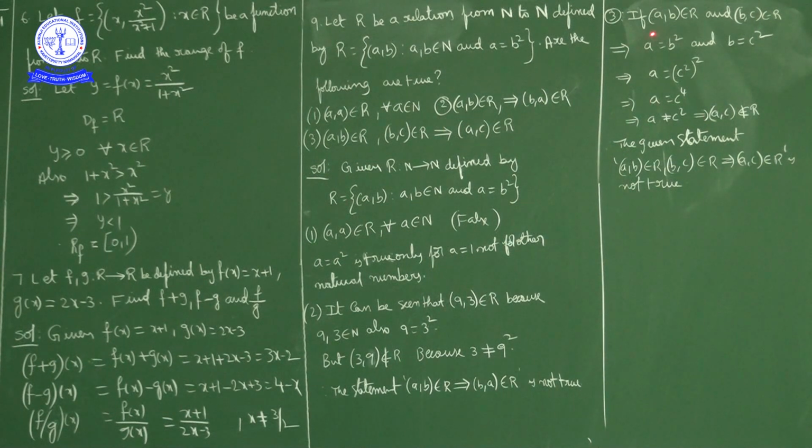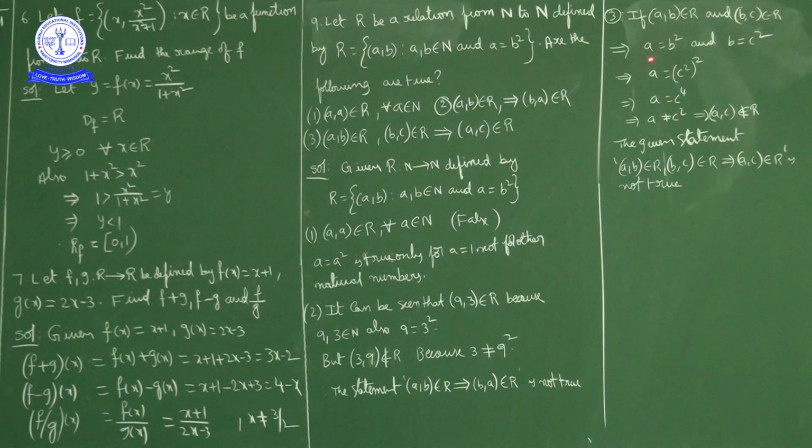Next, third one. If (a, b) belongs to R and (b, c) belongs to R, we have to check whether (a, c) belongs to R. (a, b) belongs to R means a is equal to b square. (b, c) belongs to R means b is equal to c square.